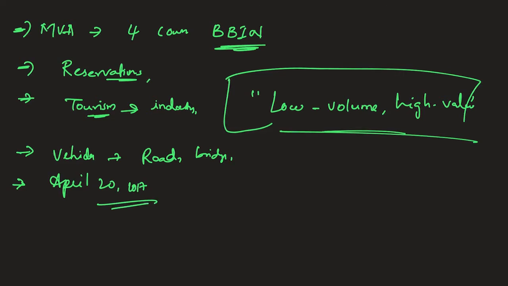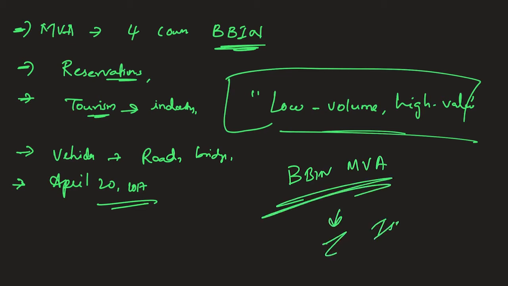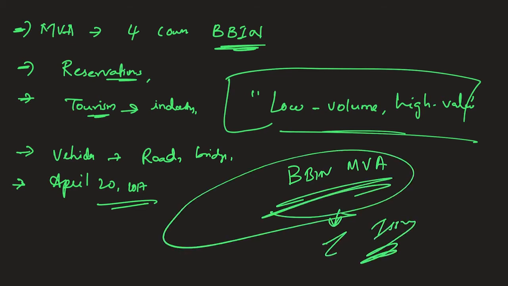The Bhutanese government later withdrew the bill to ratify the pact from the agenda of the upcoming parliamentary session. So this is all about the BBIN motor vehicle agreement and its issues. And finally, this agreement was not approved by the Nepal government.